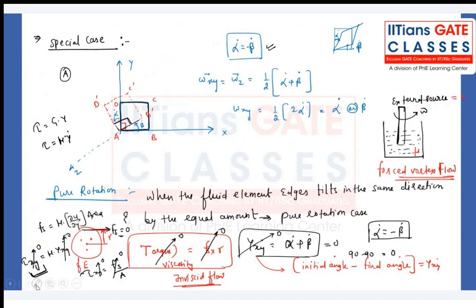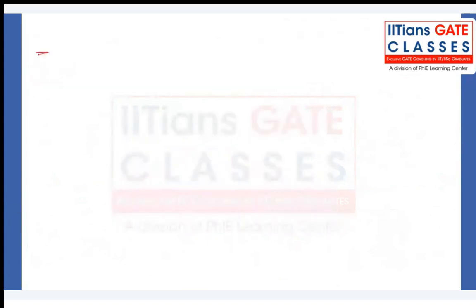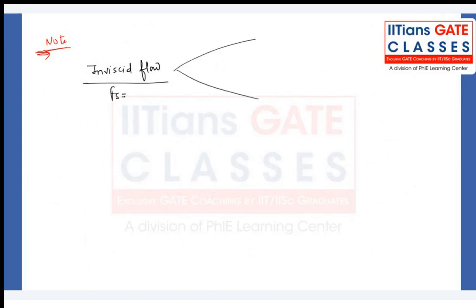So what we can write here, we will make one general statement. Make a note of this. Inviscid flow means shear force will be 0 and internal torque will be 0, or viscous torque will be 0.